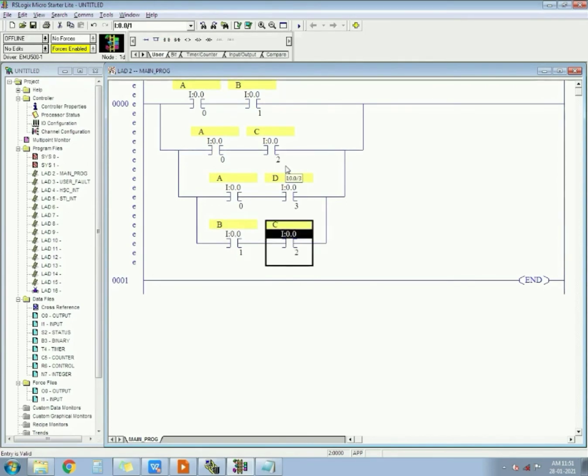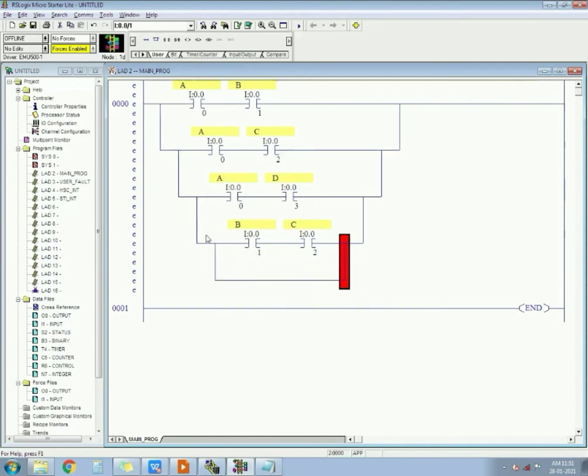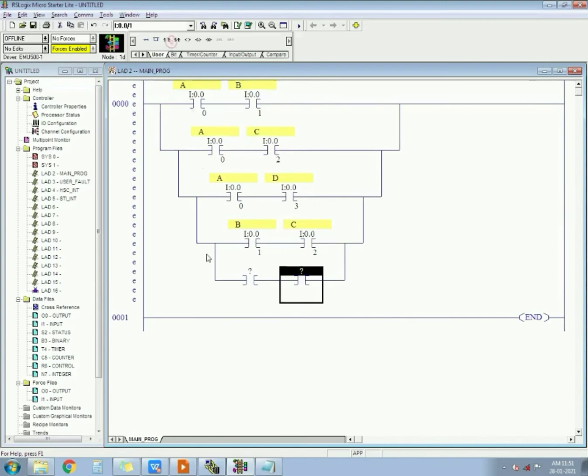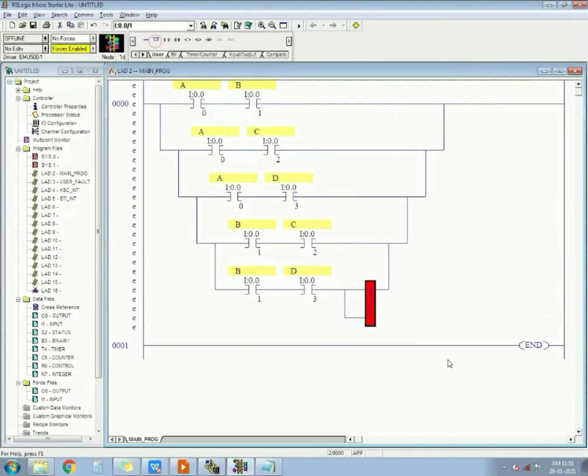So this is C. B and C or, now again parallel, again 2 inputs, I1:0.0/1, B and D, I1:0.0/3, D. Now the last pair is C and D. Now again I will take a parallel.